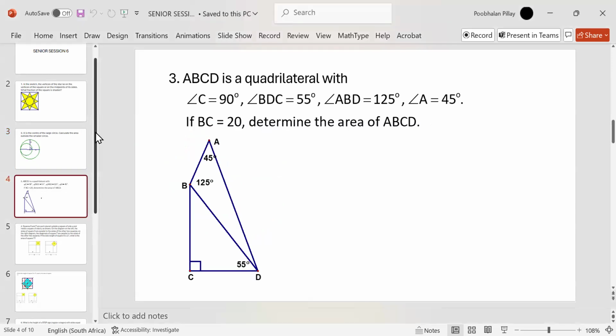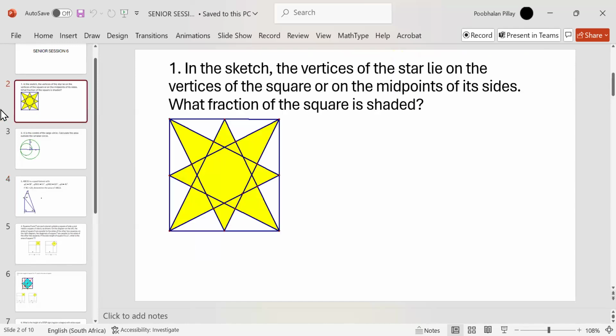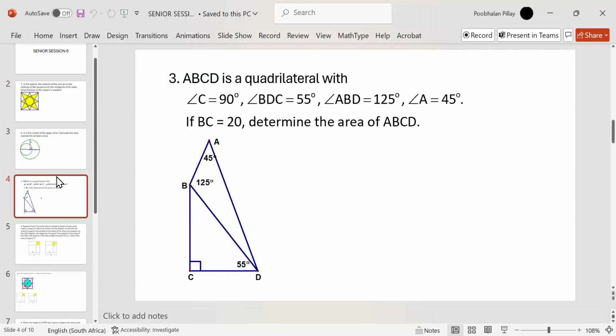So here you have what looks like a very simple problem. The problem tells you that angle C is 90 degrees. This angle here, BDC, is 55 degrees. This angle here is 125. And that is 45.